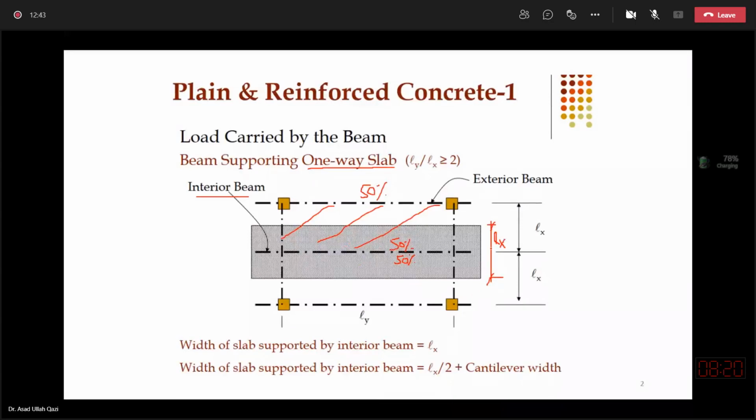So total it will become Lx. So the pressure on this slab, which is shown in hashed area, into Lx will give me the load uniformly distributed on this beam.